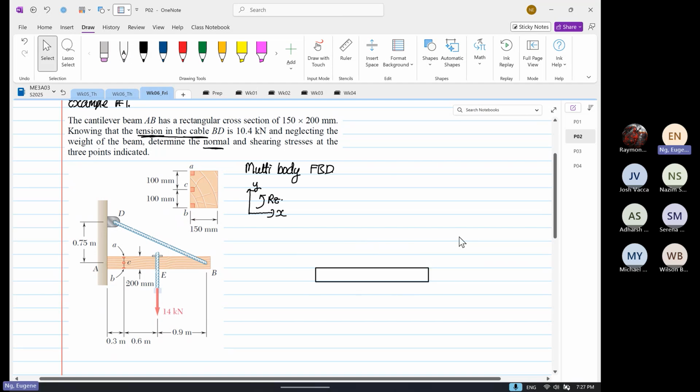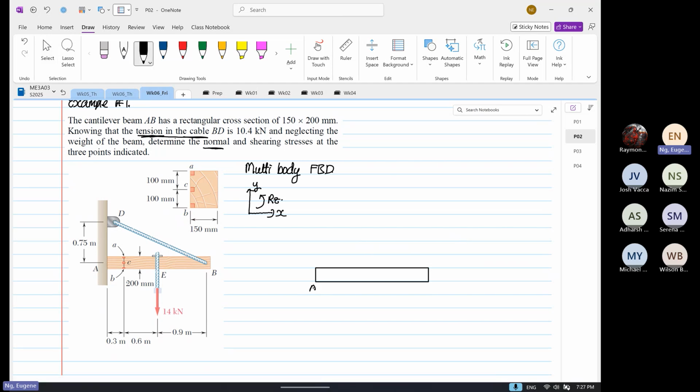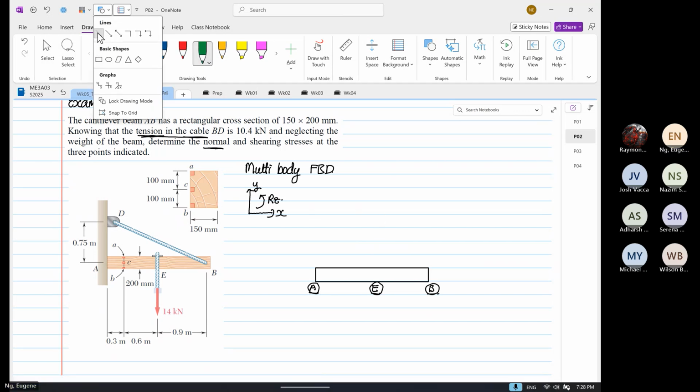I realize I have to do this because in the term test, you did not do a very good job of the multi-body free body diagram. So I'm going to do it over here. We also know that BD is at a certain angle.